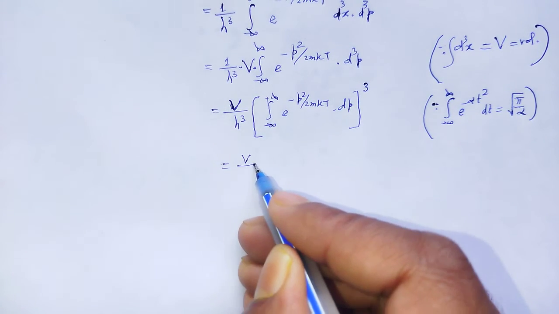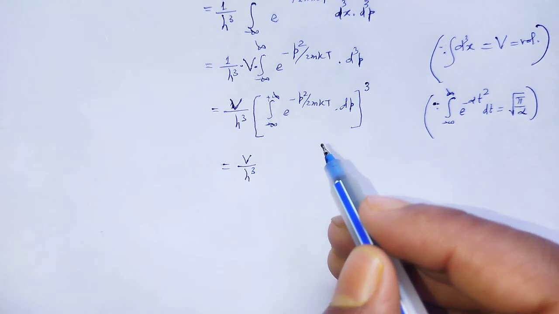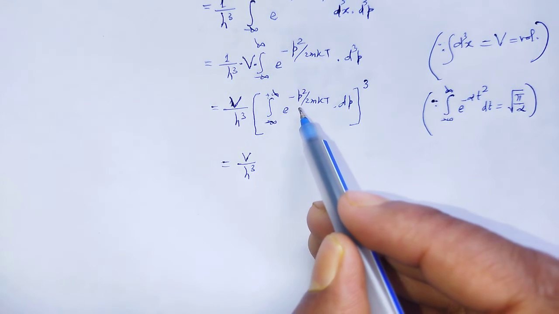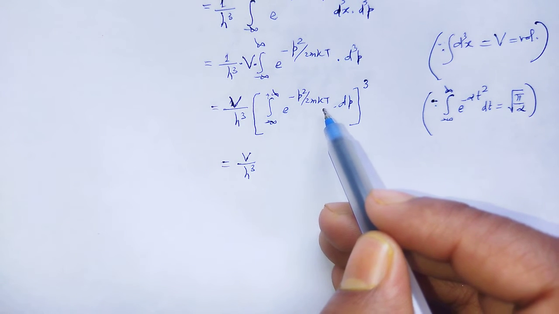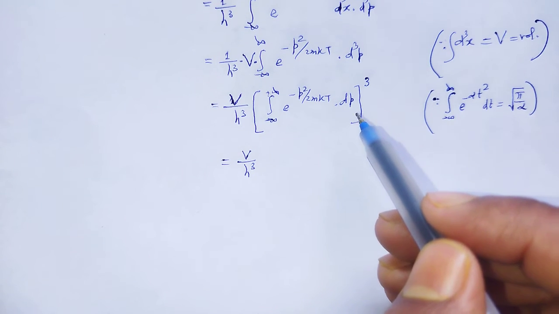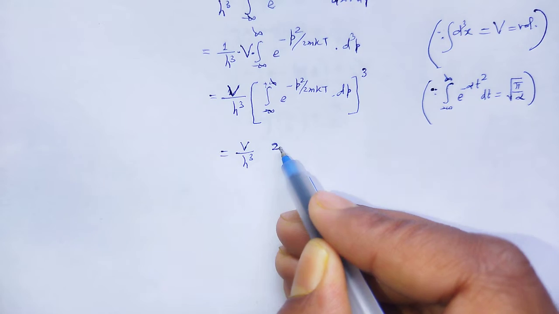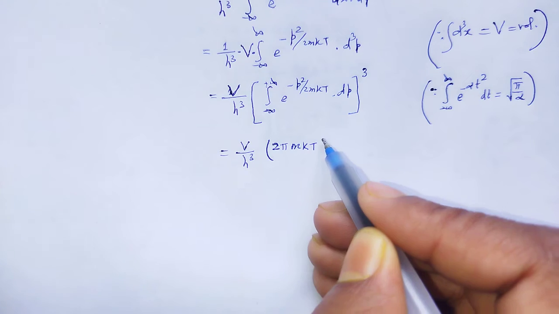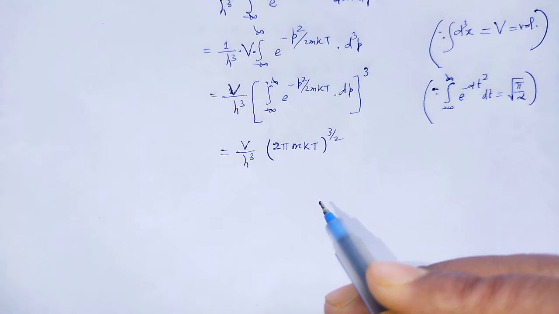It is equal to V by h cube, that integral value as in place of alpha, that is 1 divided by 2m kT, so its value will be 2 pi m kT as under root, that is 3 by 2.